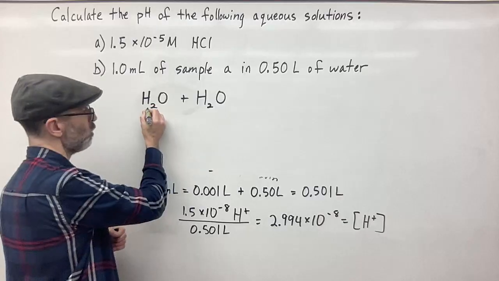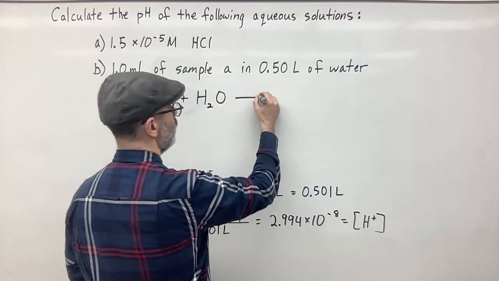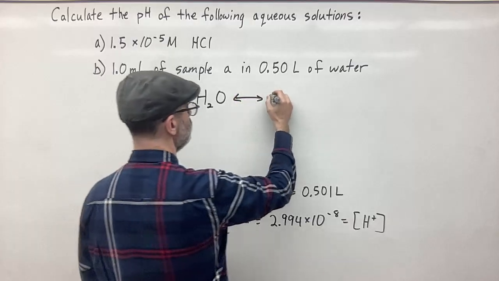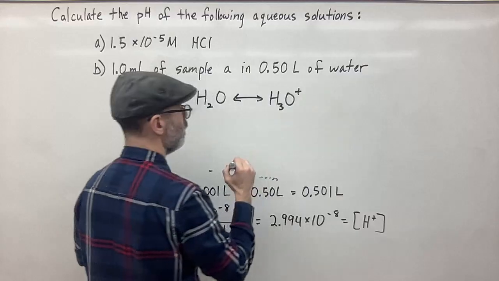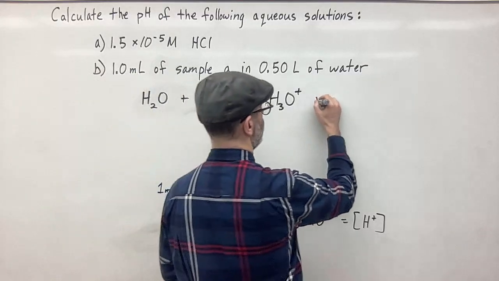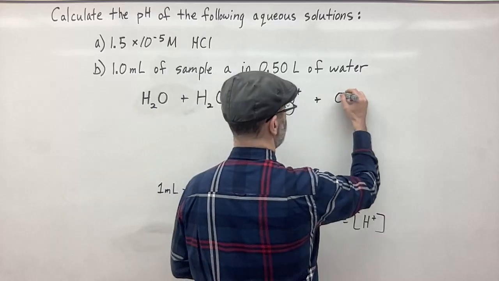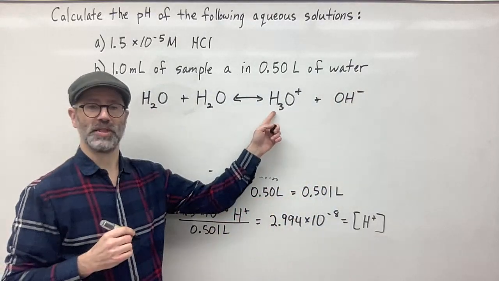This water molecule will donate a hydrogen to this water molecule, and so you get the hydronium ion, because this one's going to add a hydrogen, this one loses a hydrogen, and we get the hydroxide ion. And this is our H plus ion.